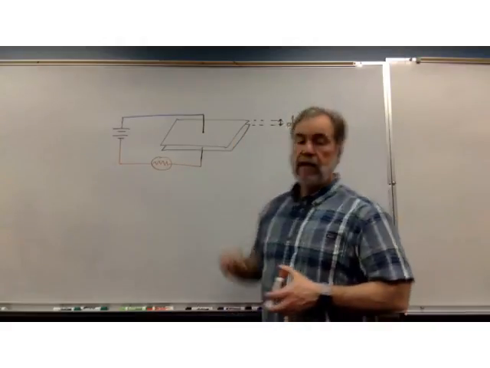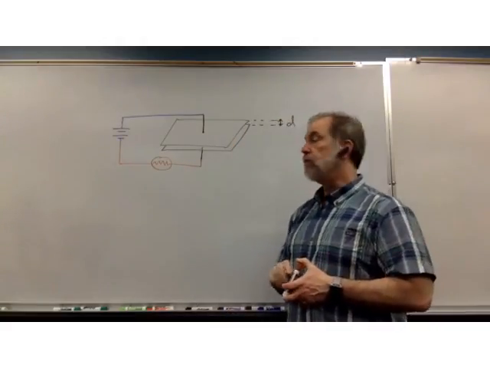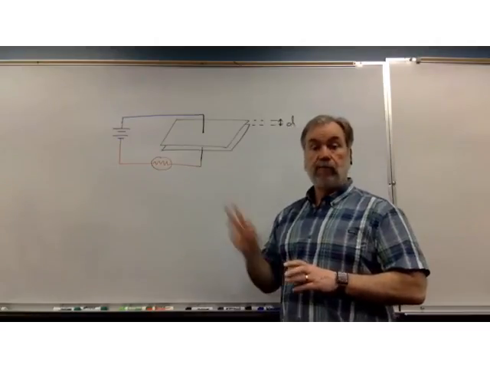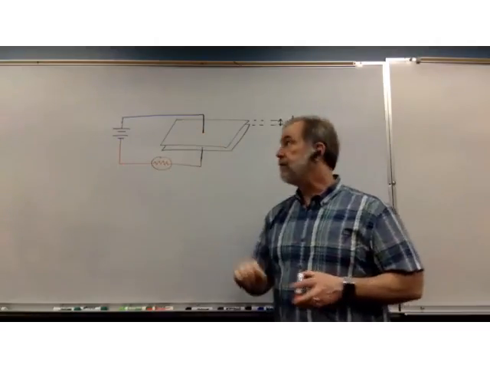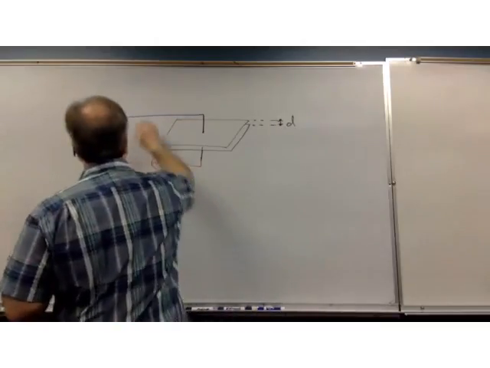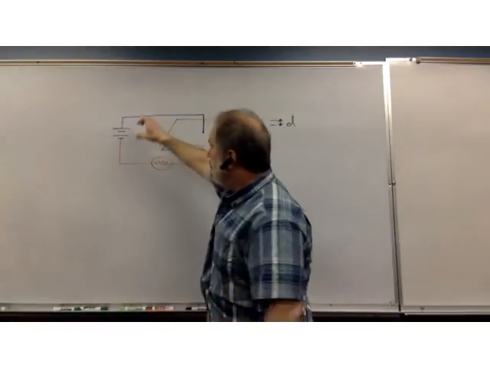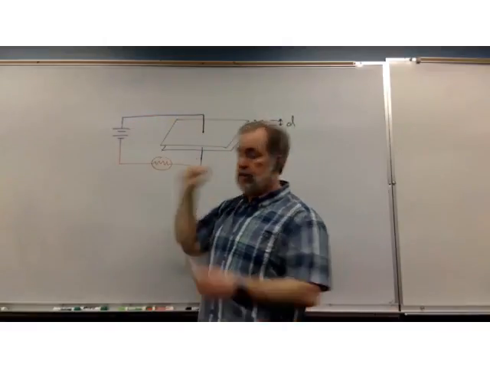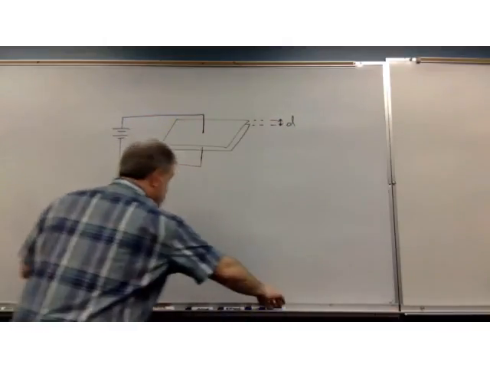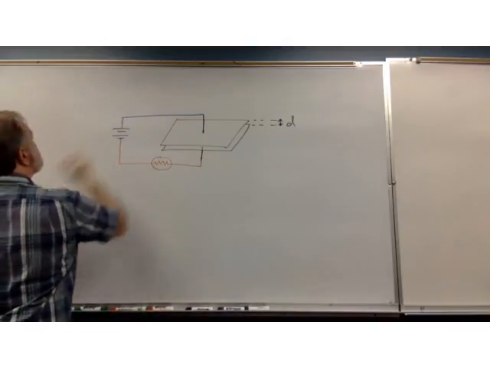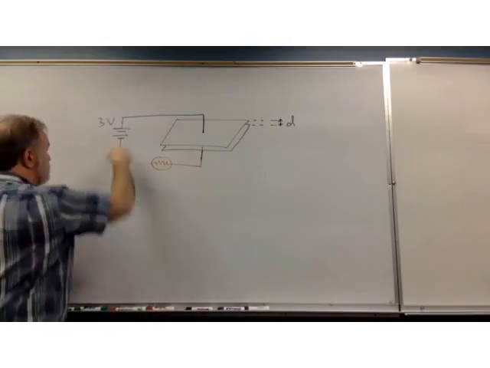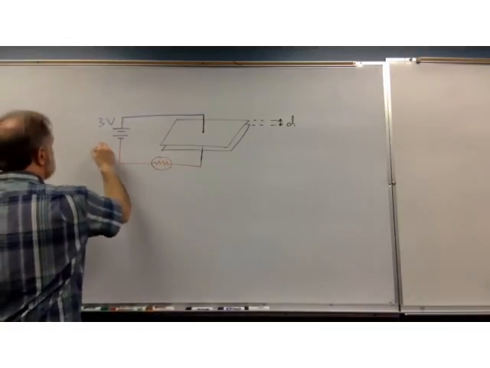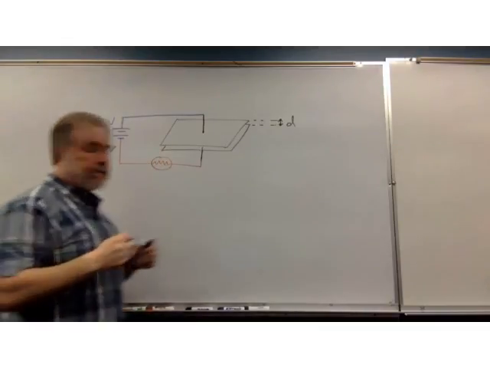If we assume, as was true in my demonstration in the last recording, that the two plates were initially electrically neutral before we connected the battery, then when we connected the battery, the top plate was connected to a location that had a potential of 3 volts up here. The bottom of the battery was at a potential of 0 volts, because we define it to be.